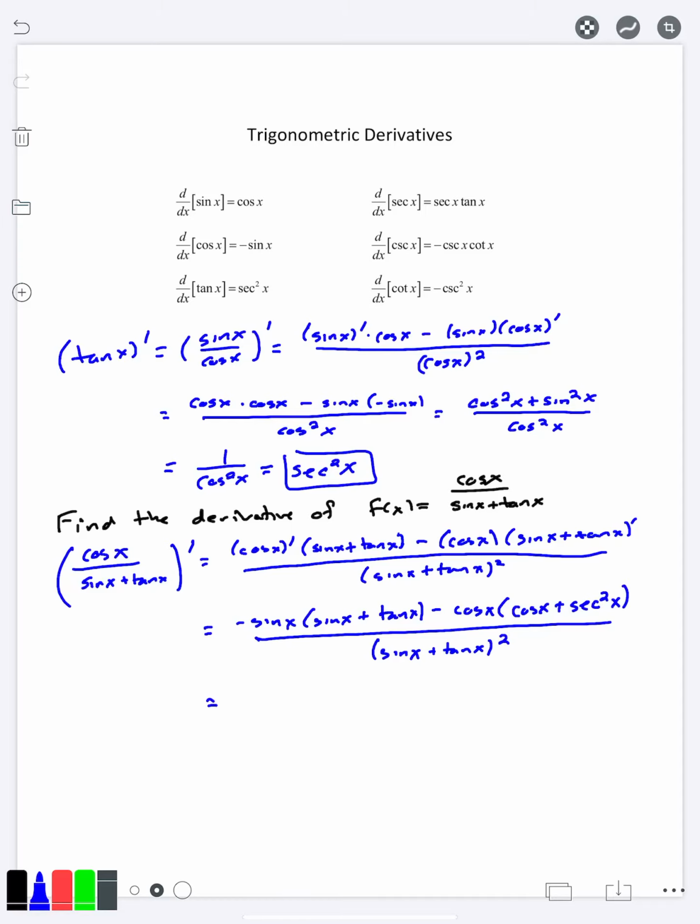And then what are we going to do? We'll see. We distribute in there. We'd have a negative sine squared x minus sine x tangent x minus cosine squared x. And then cosine and secant are reciprocals, so 1 cosine, 1 secant cancel. We're going to be left with just minus secant x.